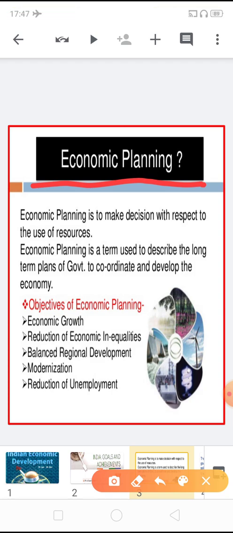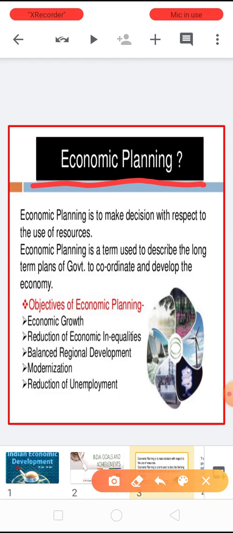The economic system or the economic planning may be defined as making major economic decisions like what to produce, how to produce, and for whom to produce, by the conscious decision of a determinate authority, that is India, and on the basis of a comprehensive survey of the economy as a whole.